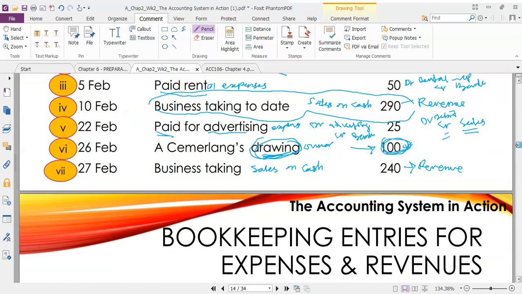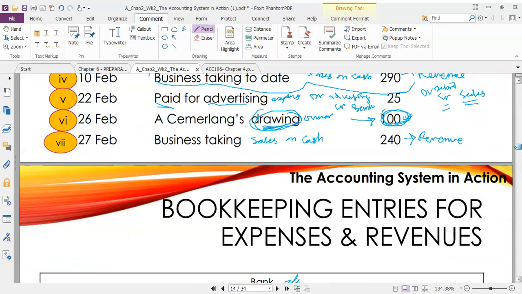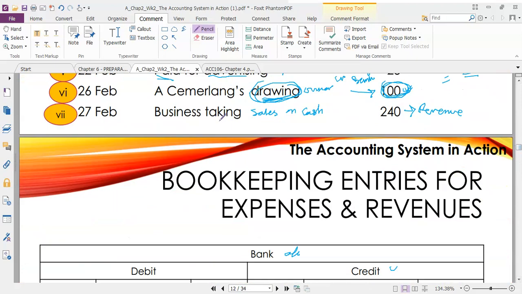So next, business taking. For business taking is also sales on cash. So sales on cash means that our sales increase. Sales increase, we must credit sales, because sales is our revenue.